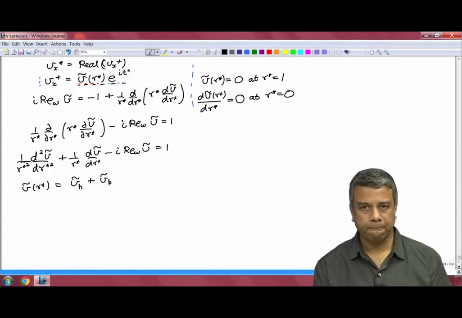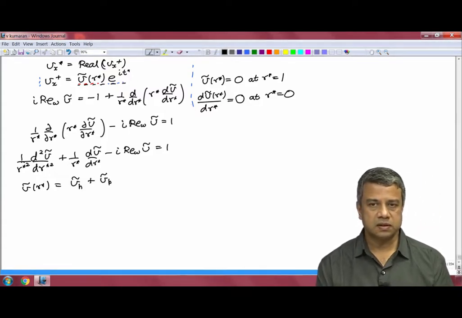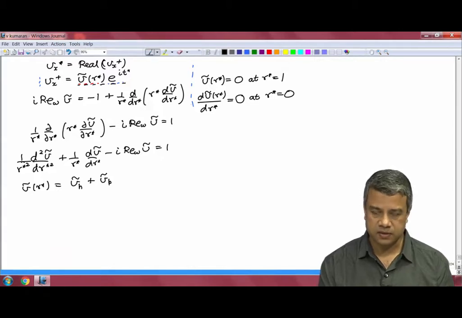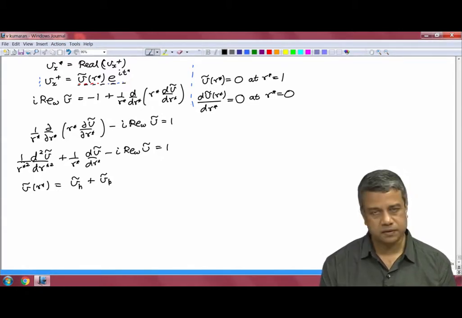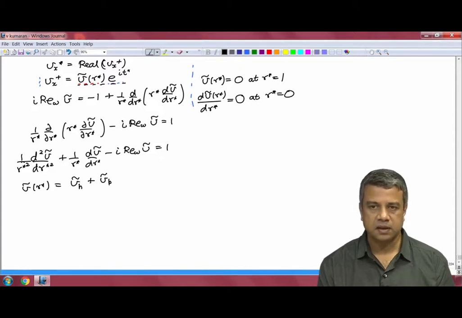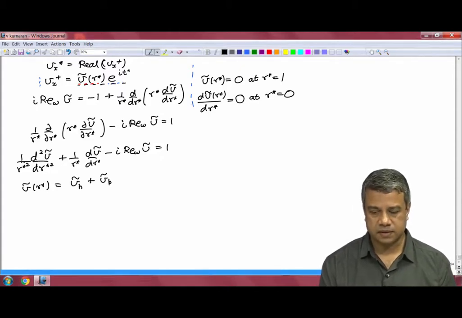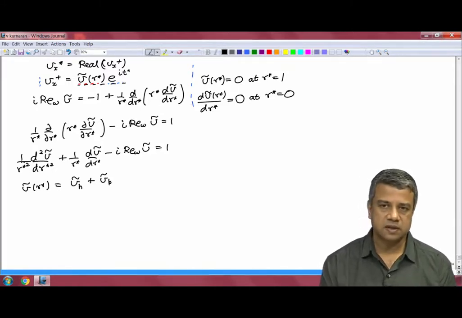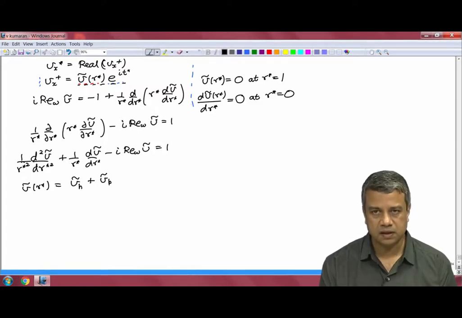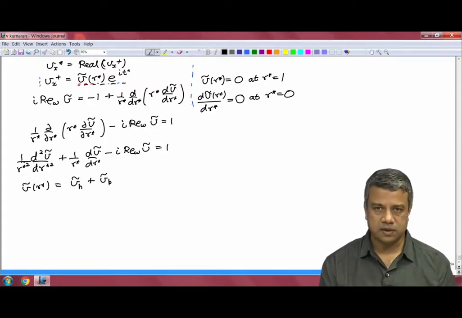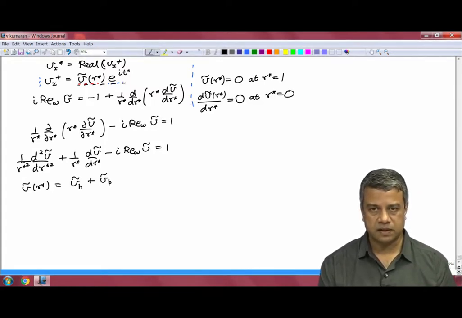The homogeneous solution is the solution that satisfies the homogeneous equation with the inhomogeneous term on the right side set equal to 0. It is a second order differential equation, so it will contain two constants. The particular solution is any one solution of the equation. You can find the simplest solution as the particular solution.